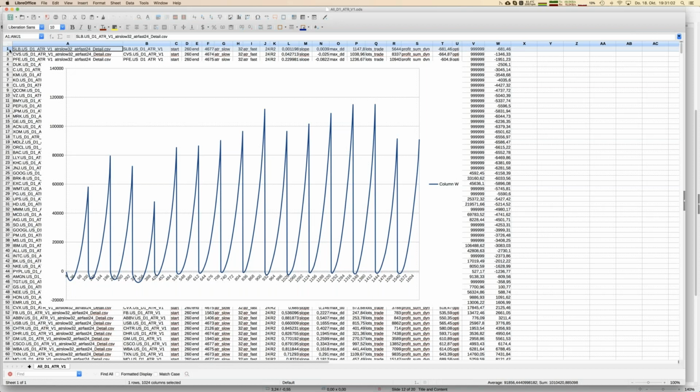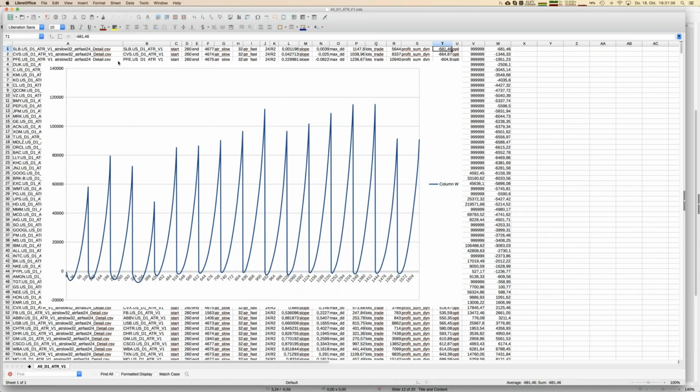Within that Excel sheet, a single line, the first line here, is representing one share, which has been traded those 18 years. And now we have here the two important numbers, the ATR slow and the ATR fast. And that share has had a profit, so it's a minus number, of minus close to $700 over the 18 years.